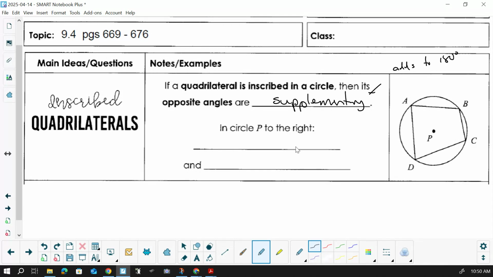In circle P to the right, we could say the measure of angle A plus the measure of angle C, the opposite angles, adds to 180. Or you could say the measure of angle D plus the measure of angle B also equals 180.